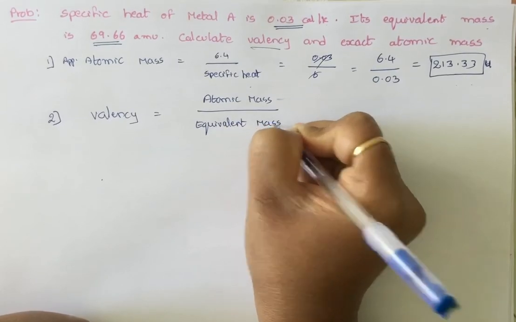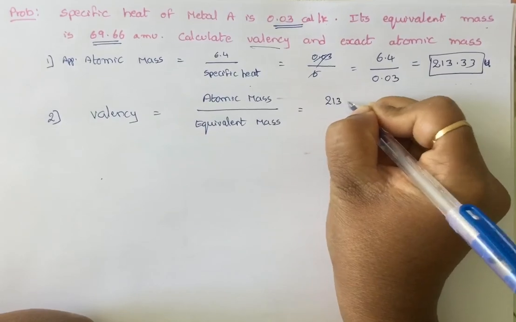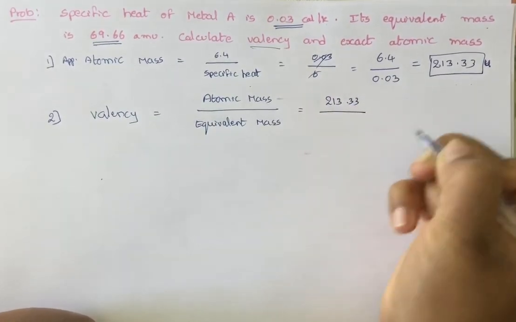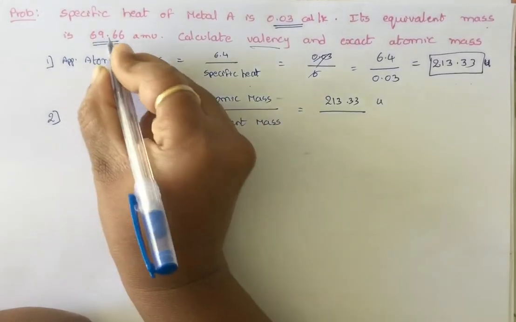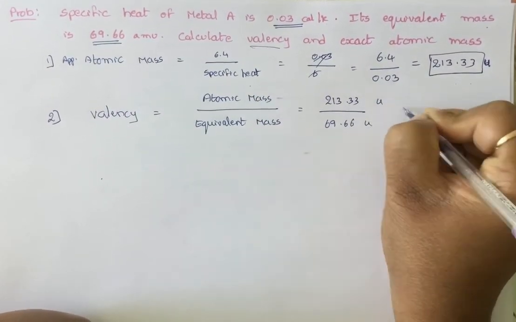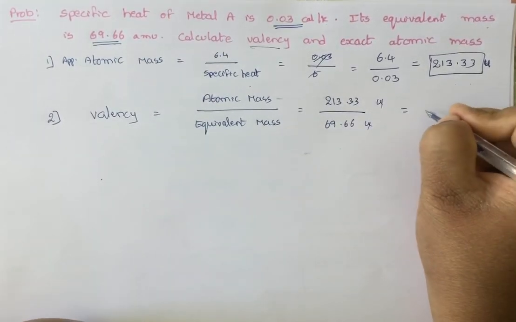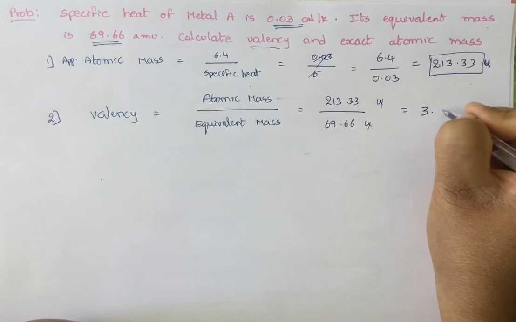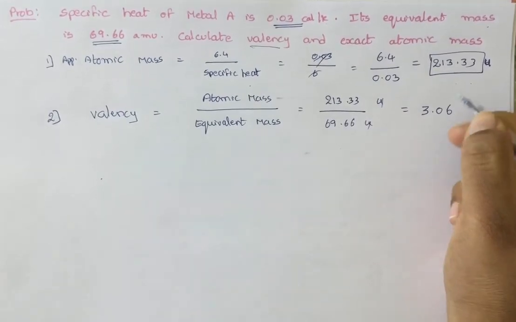Now substitute in this equation: atomic mass 213.33 and equivalent mass 69.66 units. Both units get cancelled and the value you get is a constant. If you do the calculation, you are going to get 3.06.